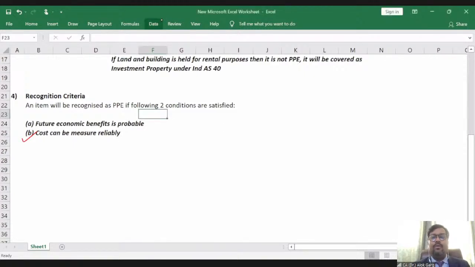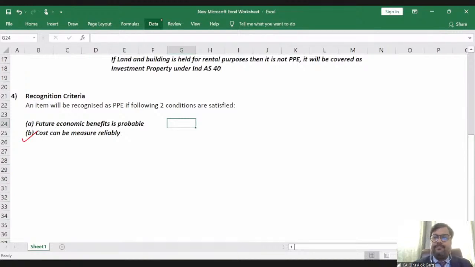The answer is no. Sir, of course it was a tangible item, held for use in production or supply of goods and services, or let's say for administrative purposes, so it was meeting that criteria. The life is more than 1 year and expected usage is for more than 1 year. But future economic benefit is not probable, because the government has banned this car. In this case, it will not be recognized as property, plant and equipment. It will be charged off as an expense in the profit and loss account, right?